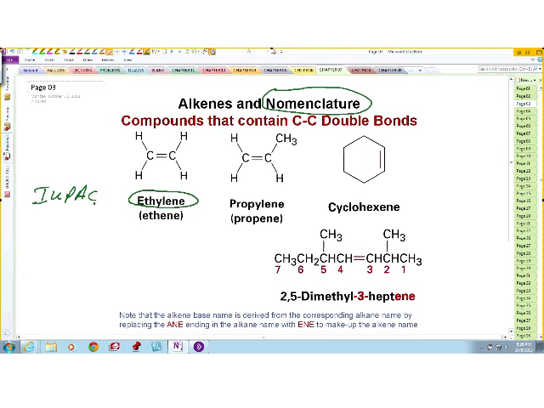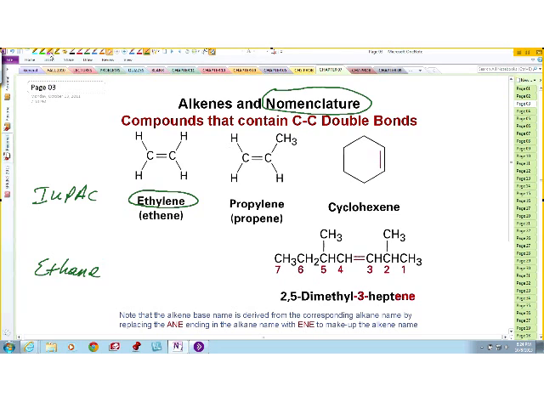However, if you want to name this using the IUPAC system or the systematic nomenclature, you derive the name of all of the alkenes from the name of the corresponding alkane. In this particular instance, what will be the name of the corresponding alkane for this molecule with 2 carbon atoms? Ethane, exactly. The corresponding alkane will be ethane.